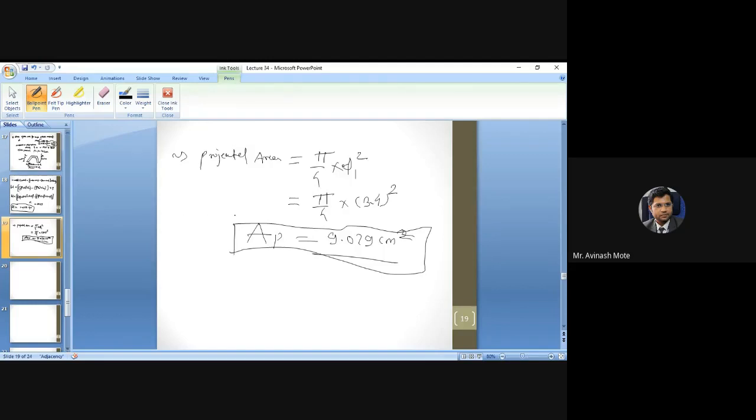Whenever we calculate with respect to only a single cavity, remember that we are applying the injection pressure on the entire mold surface, on the entire projected area.